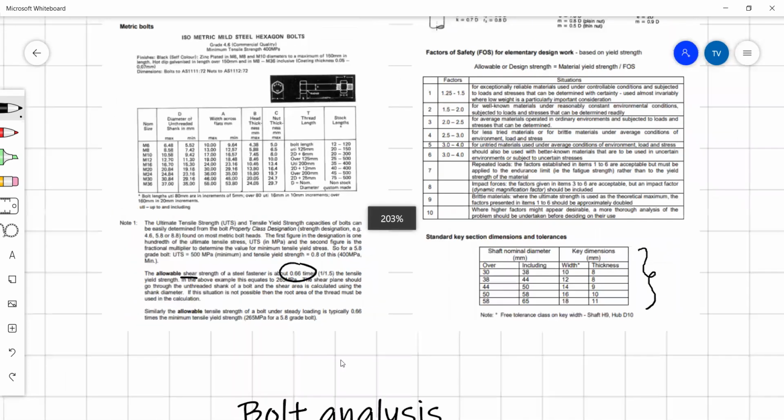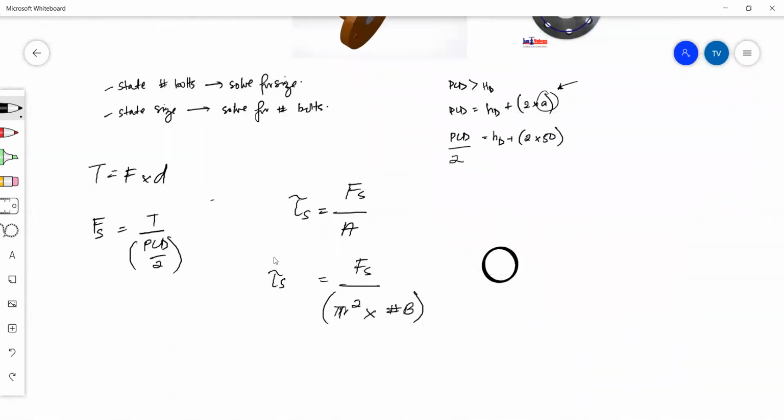So our shear strength that we will use here is 0.6 times our tensile strength, or 0.6 times 240 megapascals. This is the value that we will use in place of shear stress.